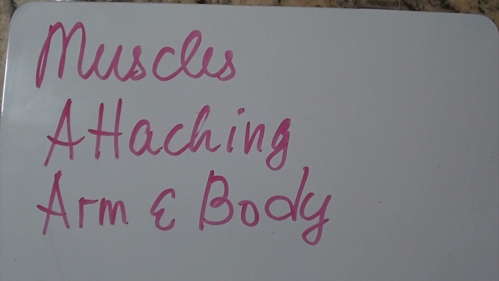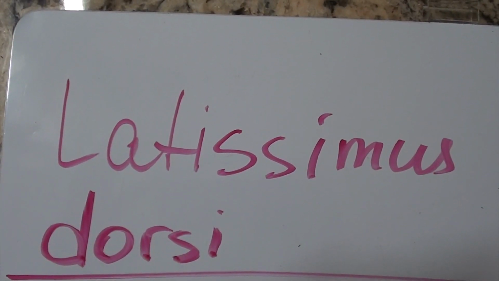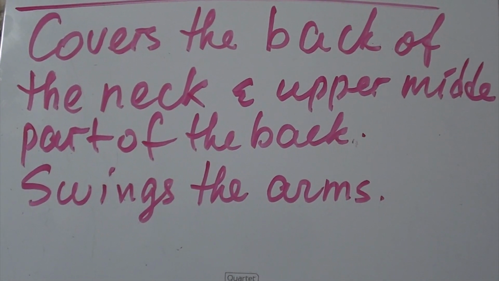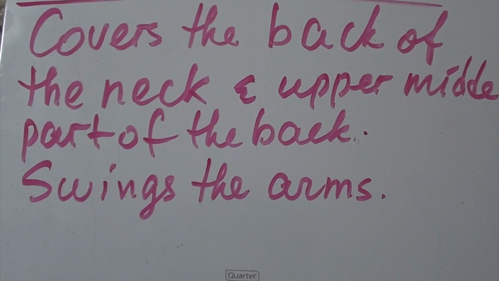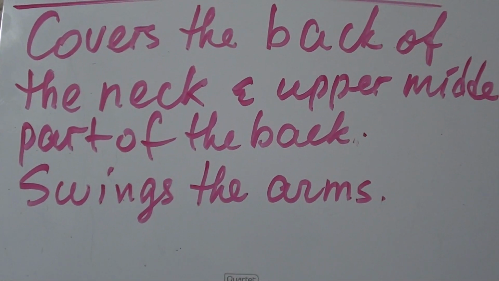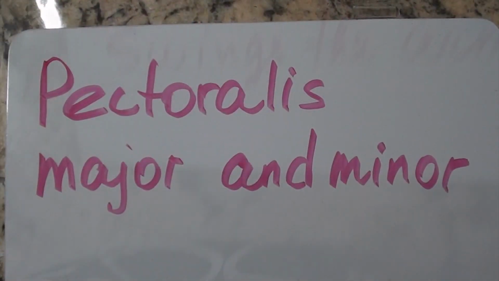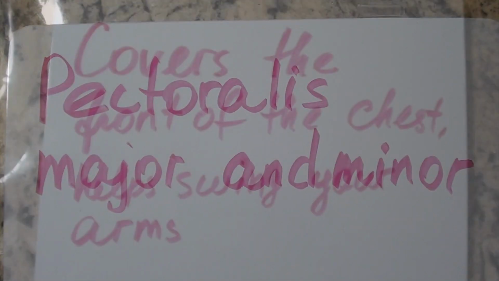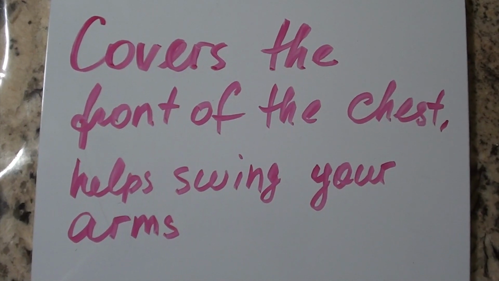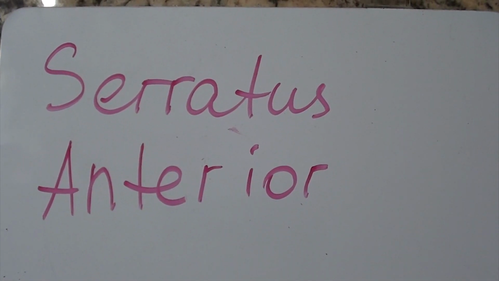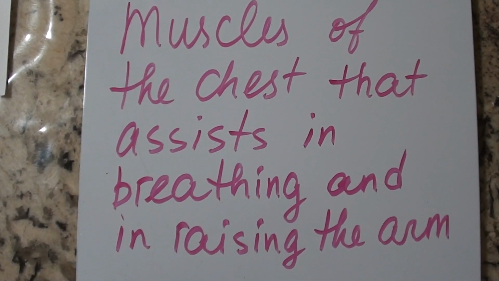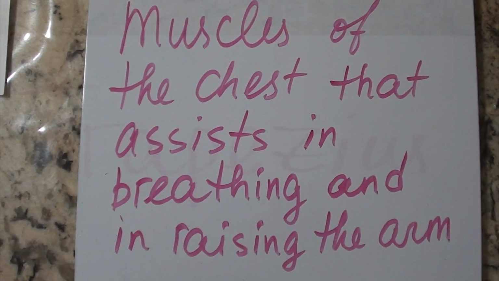Muscles attaching arm and body. Latissimus dorsi covers the back of the neck and upper middle part of the back. If you do a swinging movement of your arms, you will feel the latissimus dorsi. Pectoralis major and minor covers the front of the chest and helps swing your arms. Serratus anterior, muscles of the chest that assist in breathing and in raising the arm.